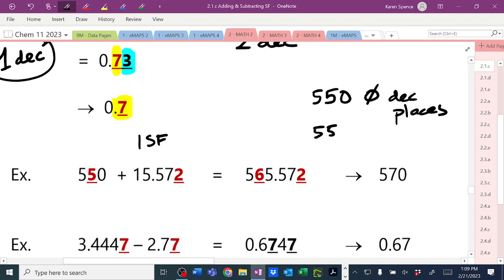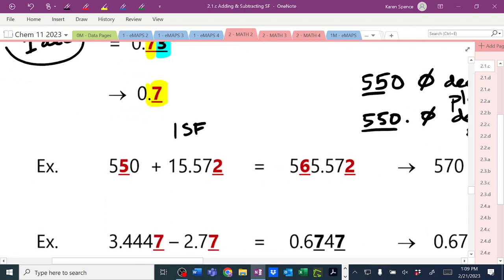But 550 also has 0 decimal places. This one has 2 sig figs, this one has 3 sig figs, and you will get a different answer depending on which of those you use in your calculation, which is why in this case, I would tend to go with the go to your first uncertain digit.